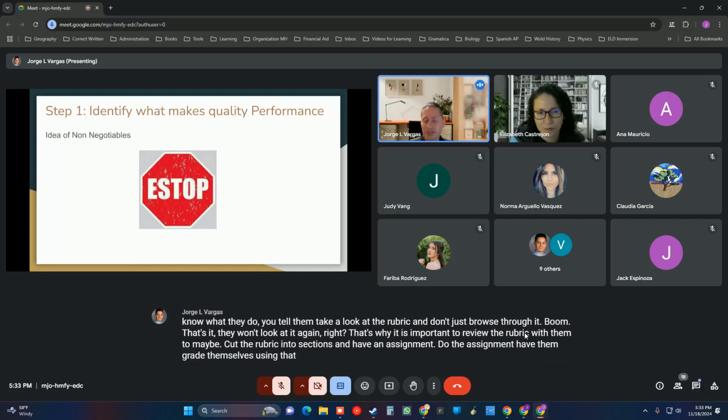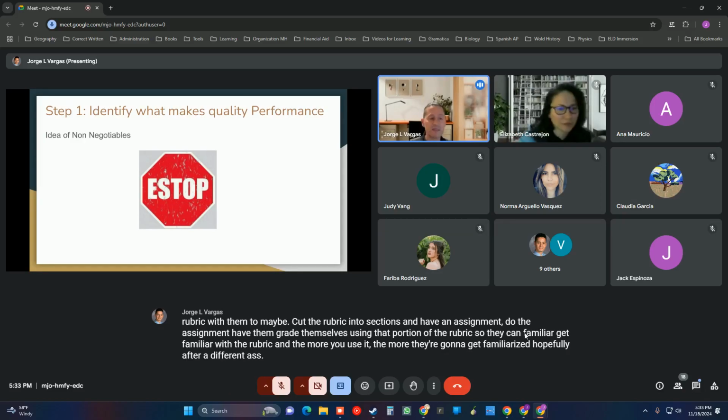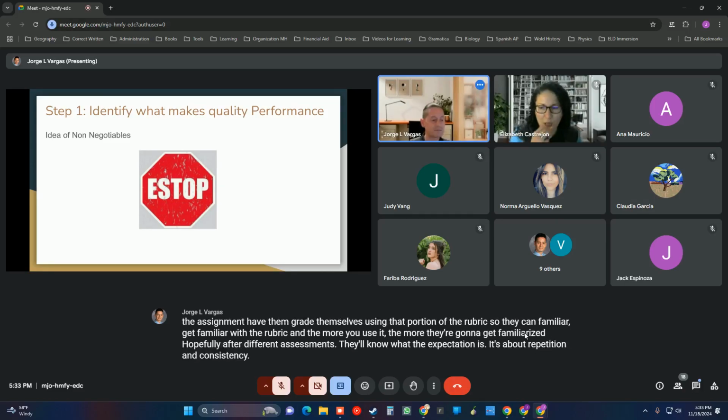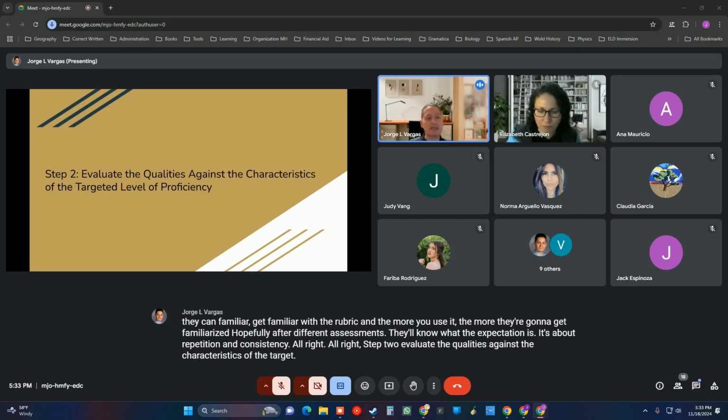All right. Step two, evaluate quality against the characteristics of target level of proficiency. Now, remember that we should evaluate students' performance based on targeted level of proficiency, right? We need to know and we need to be well aware what a novice student should be able to do, what an intermediate student should be able to do, and so on and so forth.